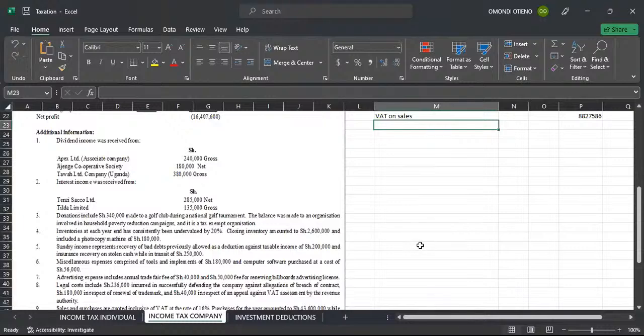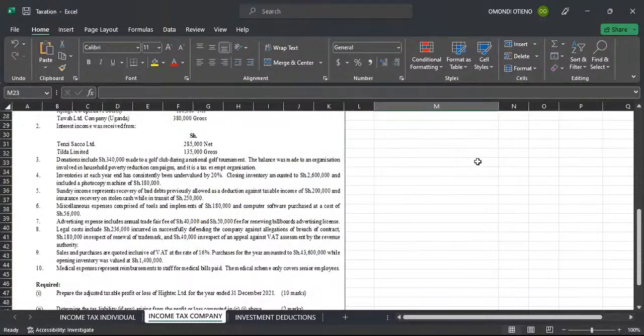So for those who are asking about the photocopying machine, I want us to get it from this. Where is 64 million coming from? Can you look at the income statement and tell me the value of sales? What is the value of sales from the information given up there, the income statement? So that's where we got the 64 from.